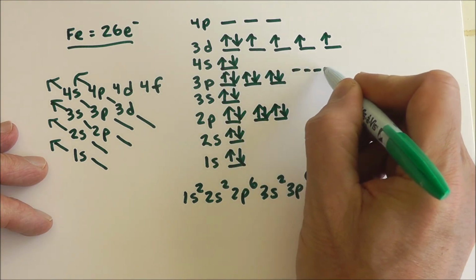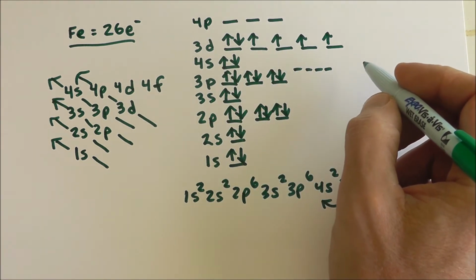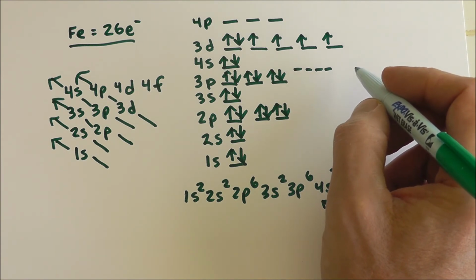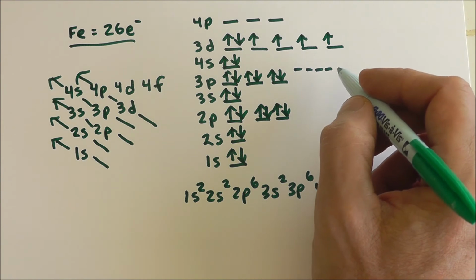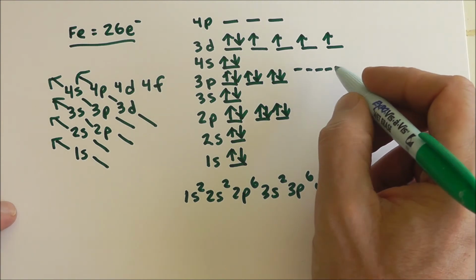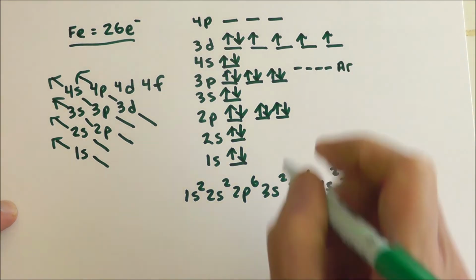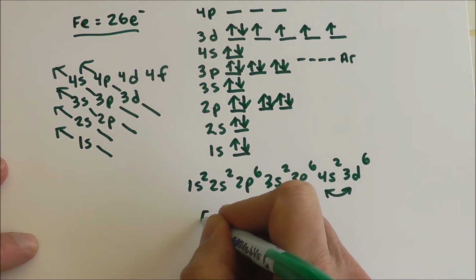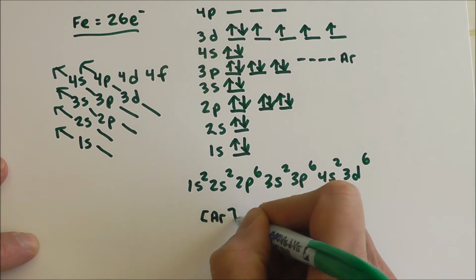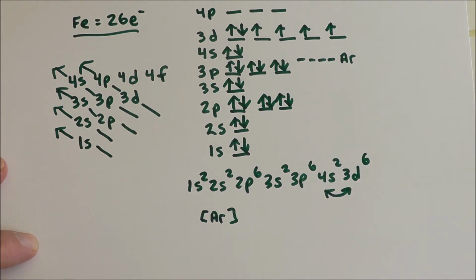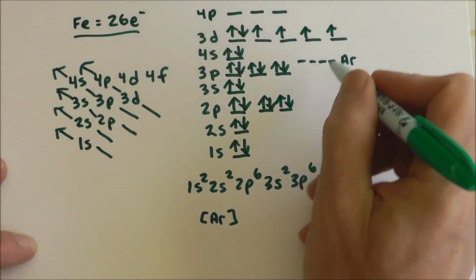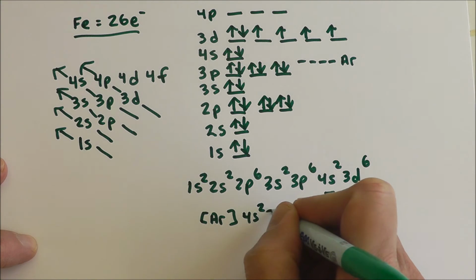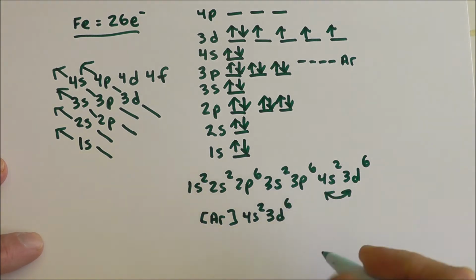So right there, that would be the nearest noble gas, when n equals 3, 3p6. That's 18 electrons, that's argon. So, as a time-saving measure, you can put the nearest noble gas, and you can only do this with noble gases, and then list everything that came after that. So we could write [Ar] 4s2, 3d6, and that's a shorter notation.